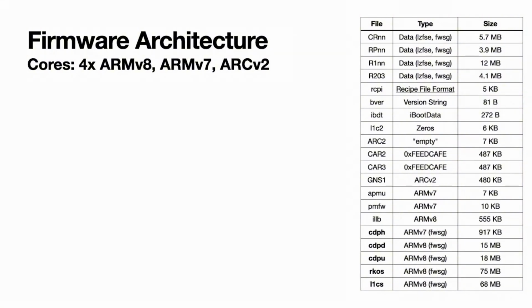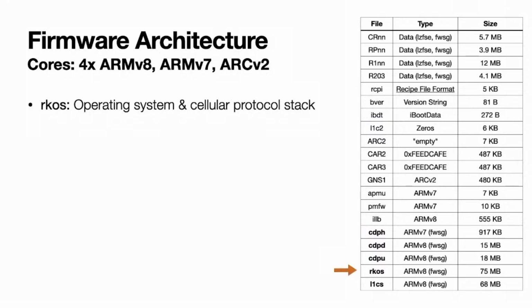And now we got a whole bunch of files, which we can categorize. There are, as we've seen before, 4 ARMv8 cores, 1 ARMv7, and also 1 ARCv2 core, more on this later. The boot process begins with iBoot, but in a special wireless variant. Then the operating system starts. It's basically the ARCOS file, and it also includes some parts of the cellular protocol stack.